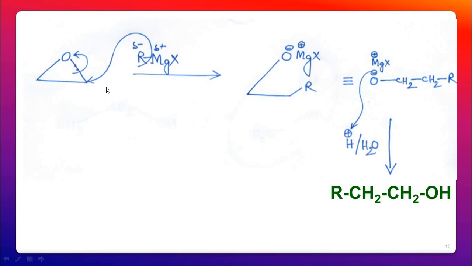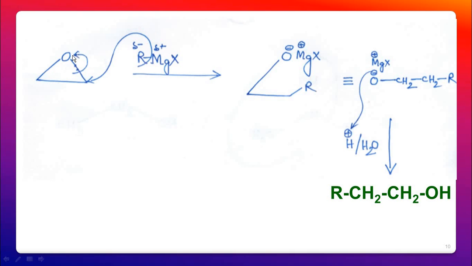Consider ethylene oxide treated with Grignard reagent or alkyl magnesium halide. In alkyl magnesium halide, the alkyl part is nucleophilic in nature because of the electronegativity difference. The R minus will attack this electrophilic carbon of ethylene oxide, thus opening the ring.